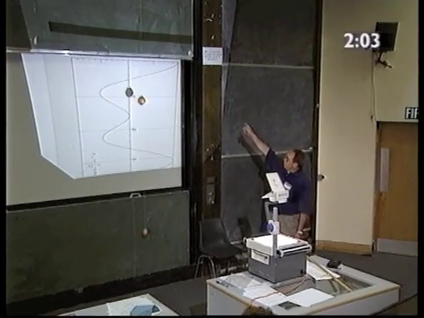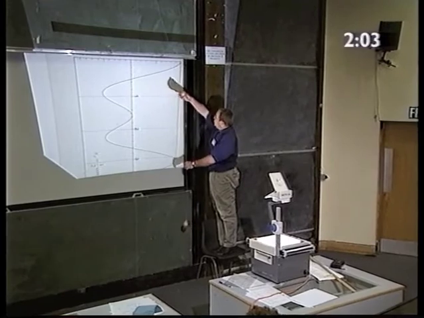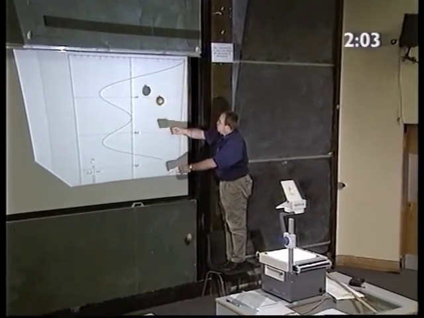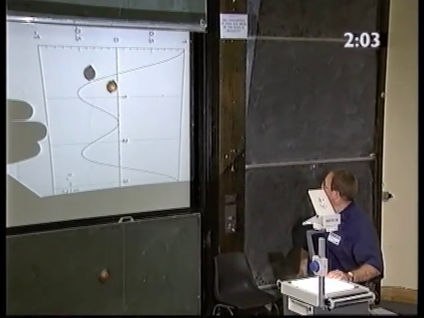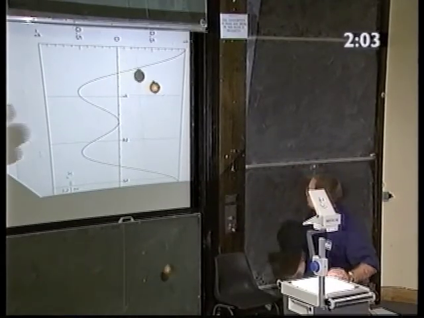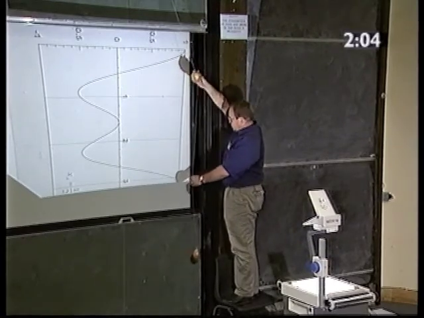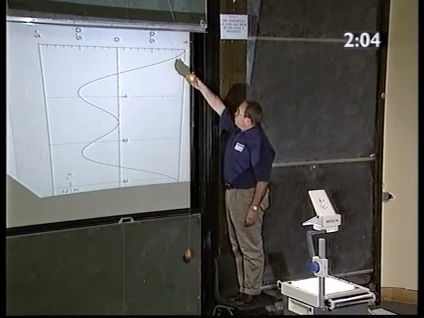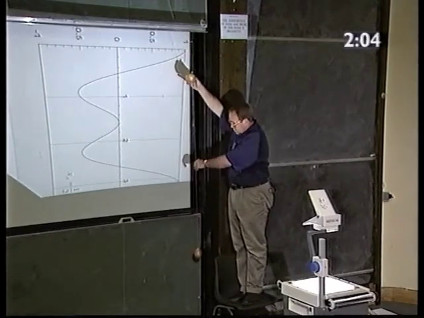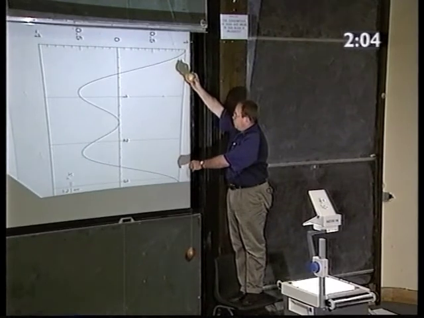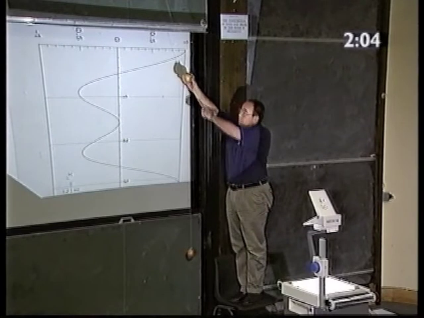So what this is predicting is that if I pull this aside, and both onions are displaced by 1 unit, and I release them from rest, this onion will follow that curve.